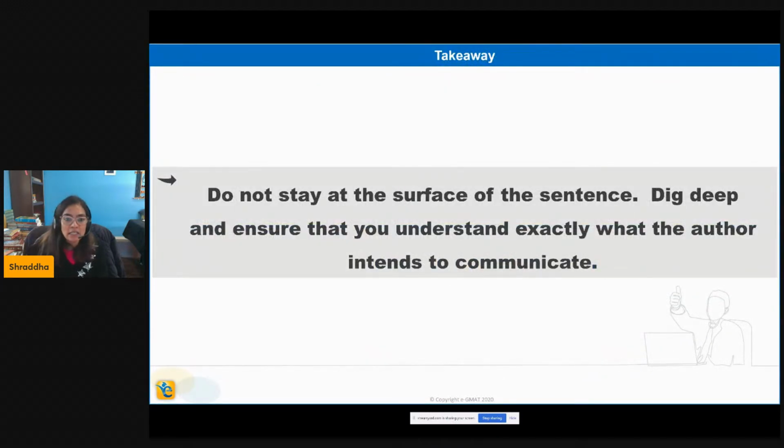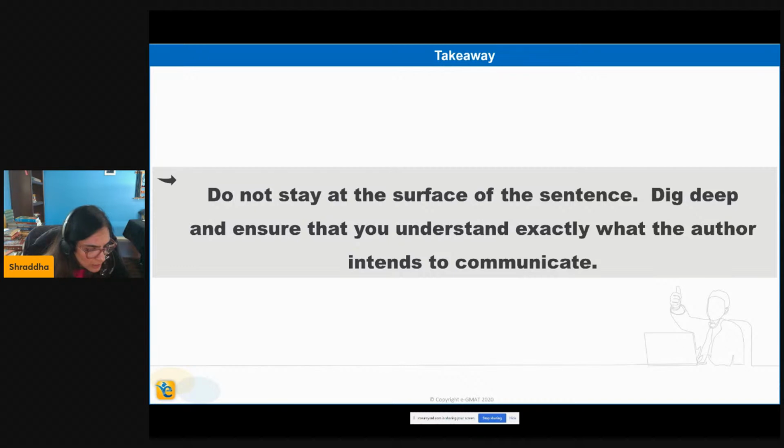So, the idea here is not to stay on the surface of the sentence, and you can only dig deeper into the sentence if you are looking at the grammar. You first need to look into the context, the meaning, unlayer each piece of information to understand how everything has been put together in that sentence, and what it is that through all of this the author wants to communicate. Focus on that. Okay, focus on that part.